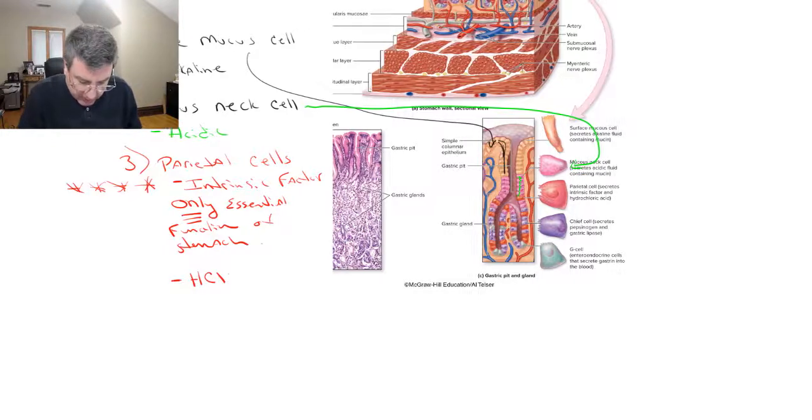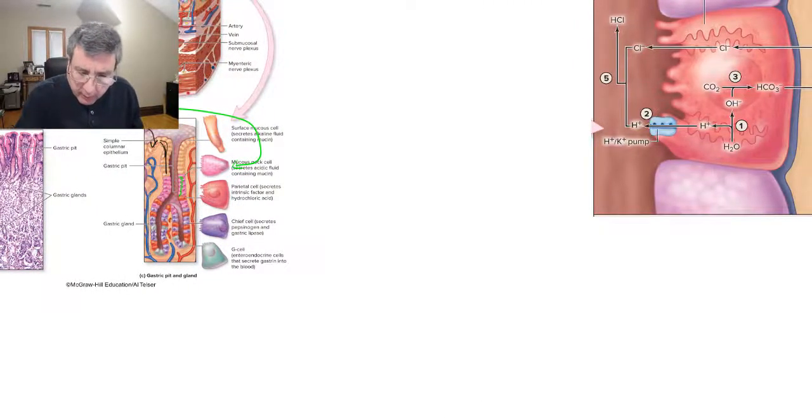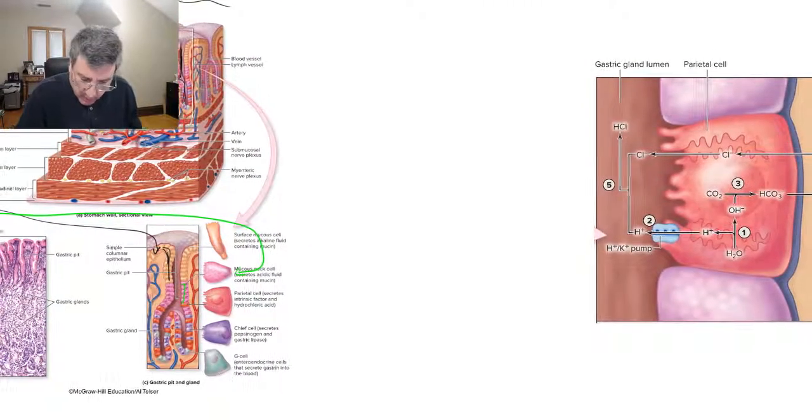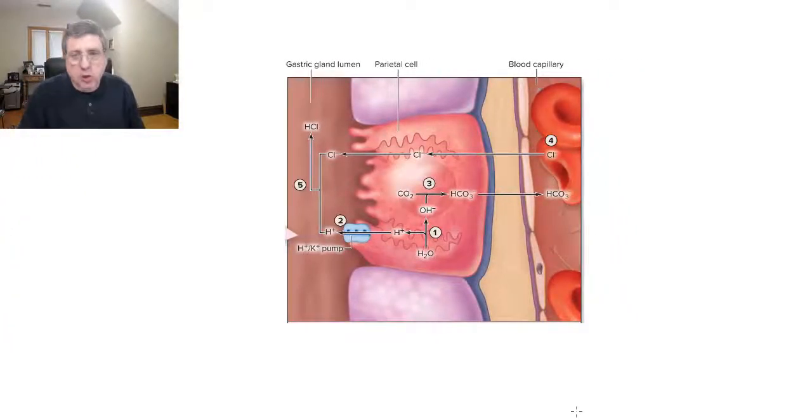So let's take a closer look at this. Let me lower this down. This is going to be a parietal cell in the center, just to show you what I'm talking about here. In order to get hydrochloric acid as your end product, you combine the hydrogen and chloride ions. So where do the hydrogen and chloride ions come from?